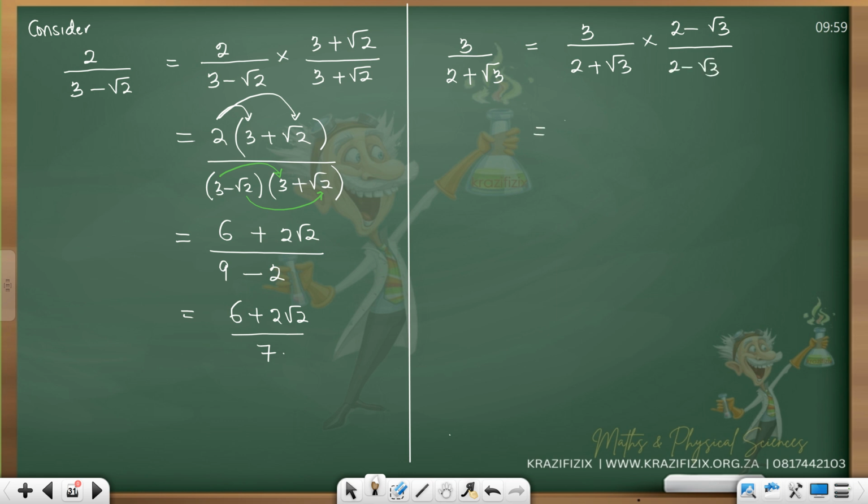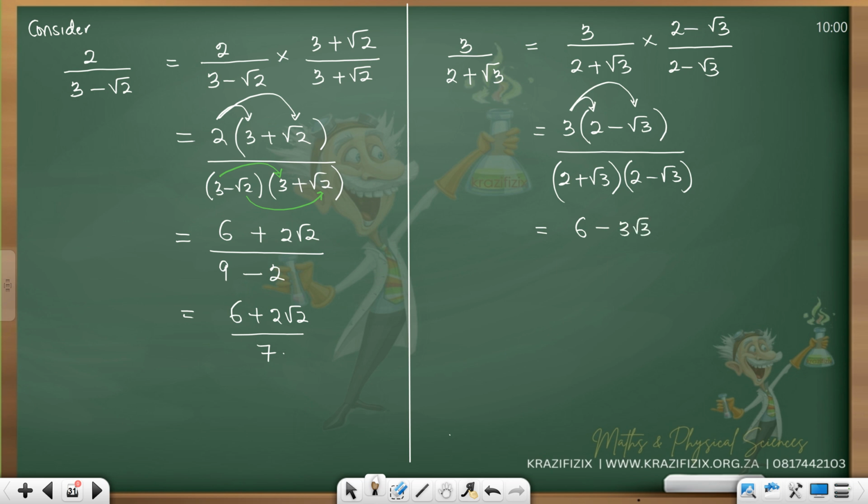All right, for simplicity, 3 into bracket. You can skip this step, but for now, I want to do it so that we see what's going on. We multiply in. 3 times 2 is 6, minus 3 root 3, over, now, difference of two squares, 2 times 2 is 4, minus 3. So this is 6 minus 3 root 3 over 1.